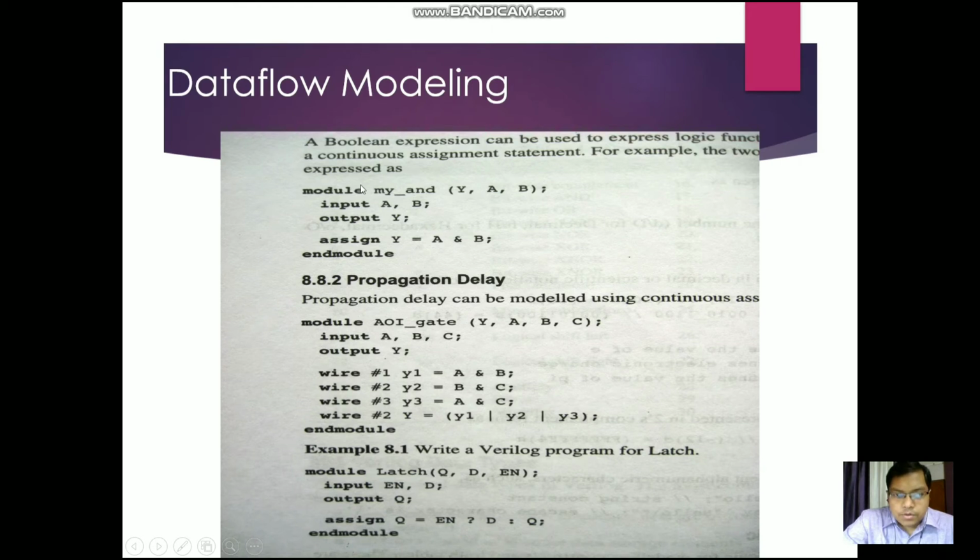We have to design the module by naming it, where the name is a variable name, anybody's name it can be, but please do not write only AND, because if you write only AND, it can fetch the logical AND gate from the library and give you a garbage value. It is the same as programming in C, where you can opt for any variable name. Here I have written myand, and you can give any name.